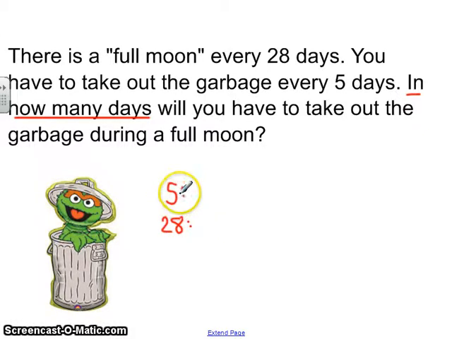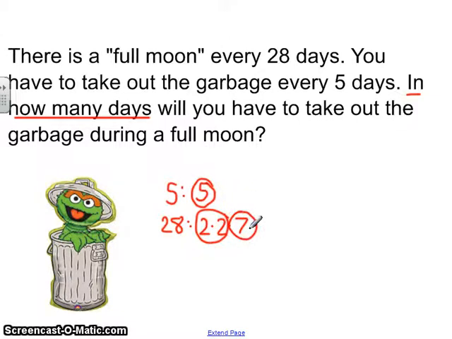So my prime factorization of 5 is just 5. And the prime factorization of 28 is 2 times 2, which is 4, times 7, which is 28. Okay, well, I'm going to take those 2's, I'm going to take this 5, and I'm going to take this 7.